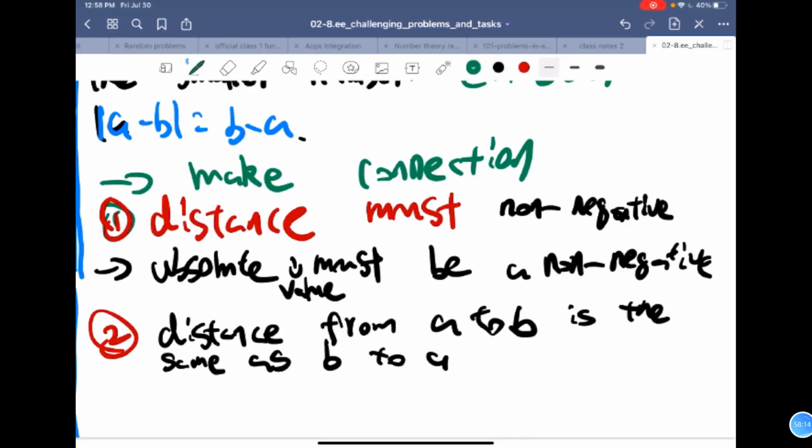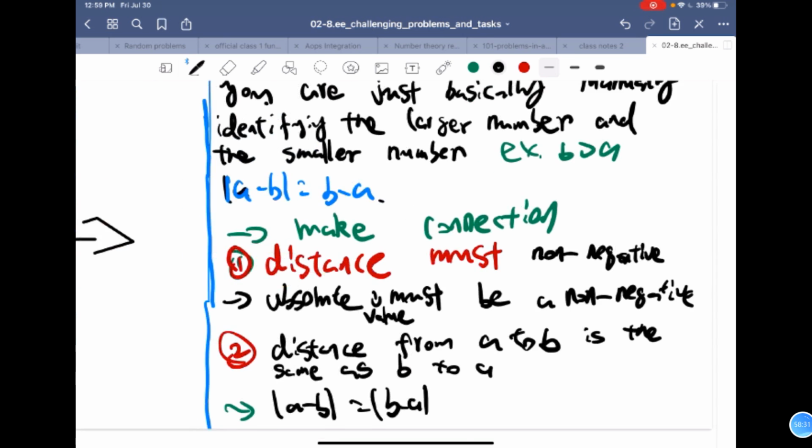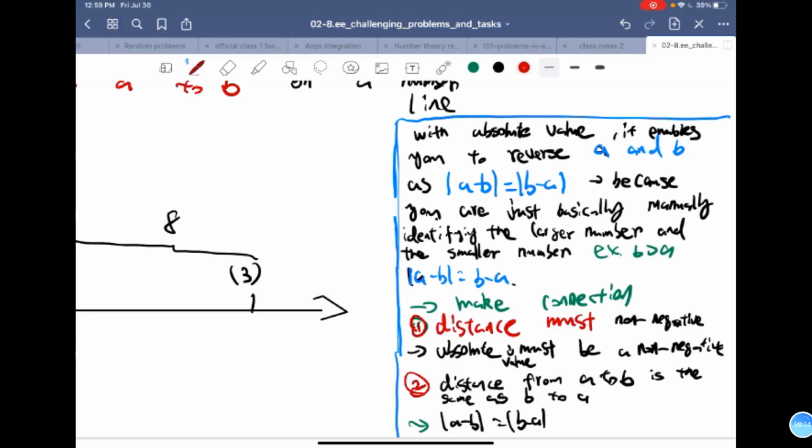Second point, absolute values. The absolute value of A minus B is the same as B minus A. The order doesn't matter. Does that imply anything? Question yourself.